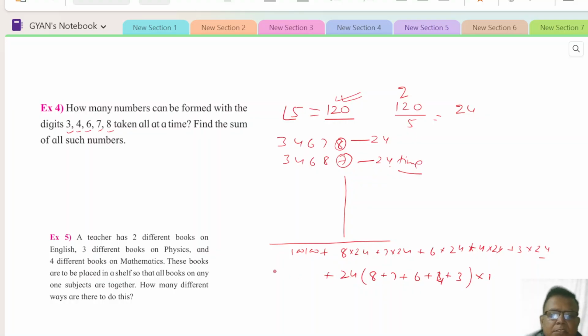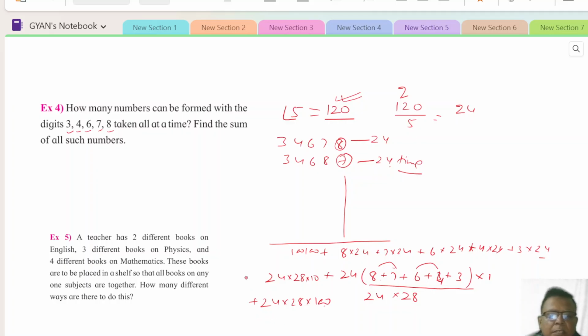For tens, the same thing, 24 into 28. 8 plus 7 is 15, 15 plus 6 is 21, 25, 28. So 28 will be there. So this will be 24 into 28. Here also 24 into 28 into 10 because it's the tens place. Then again 24 into 28 into 100.